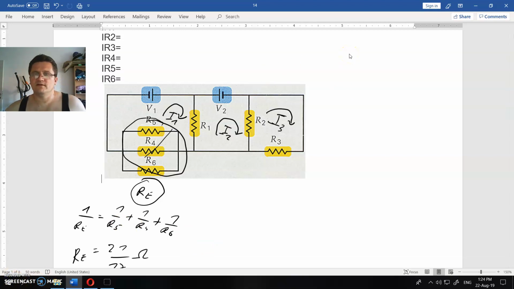We will write something here: V is equal to resistance times current, just to have some guidelines.